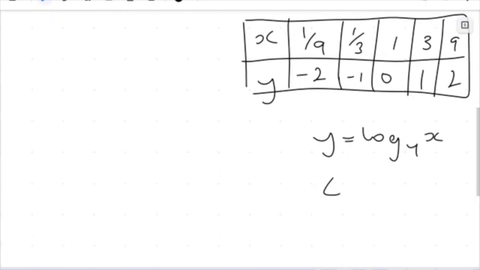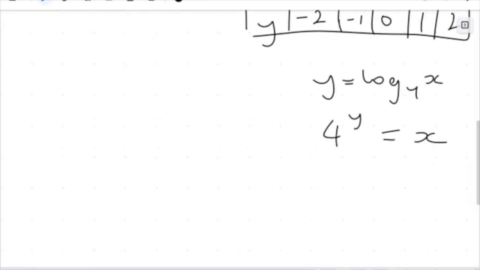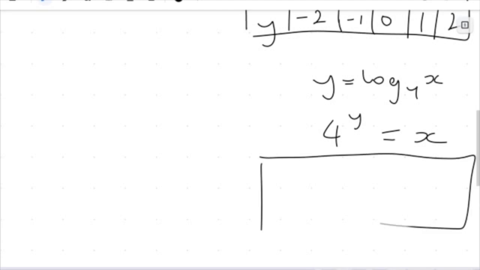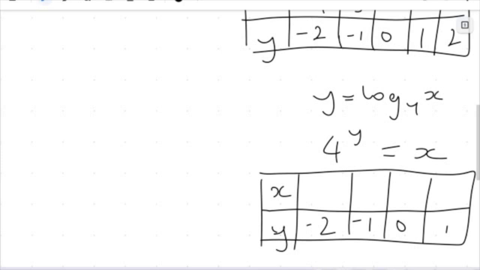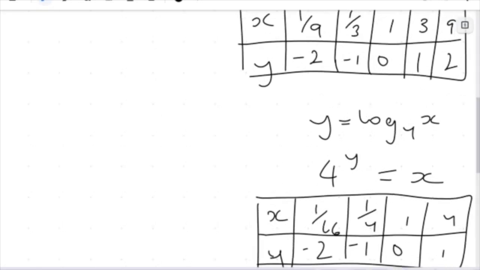Let's make this look a lot more like a 4 to the power of y, and our x being the subject. You guys can take your time with this, but I'm just going to quickly write out these values in. You can pause and have a go on your own and then come back to me, but I will just really quickly try to do this because we want to get through some more transformations here. So this is going to be 1 over 16, 1 over 4. We have 1 and 4.